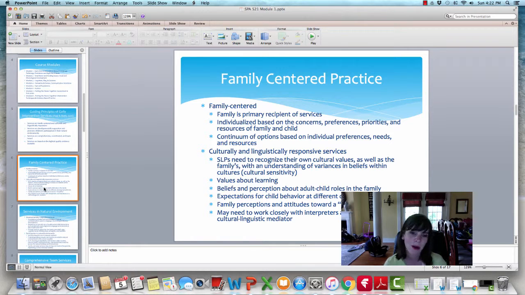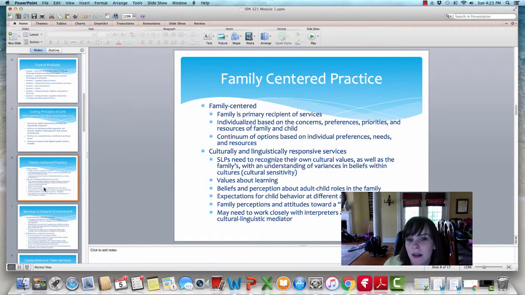How do we help parents understand what the expectations are on the developmental level, not only their chronological age, and also their gestational age? So again, a child who's born at 24 weeks or 30 weeks is not going to be at the same levels as a child who was born full term, and we'll discuss that further into the semester.